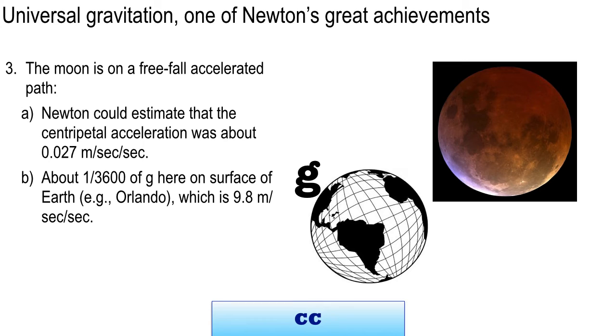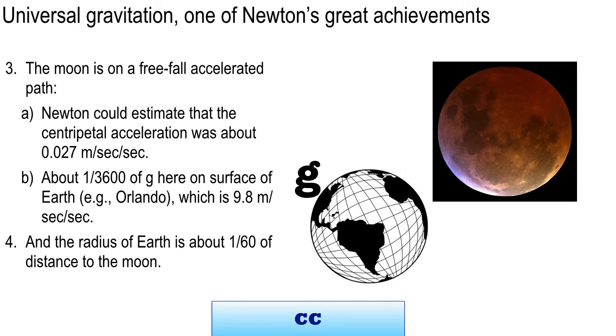So the moon's got a circular path. It's getting some delta V, so it's getting some acceleration. And if you work it out, it's about 0.027 meters per second squared. And that's about 3,600 times smaller than good old 9.8 meters per second squared here on the surface of the Earth. Now, here's the other cool thing that he noticed.